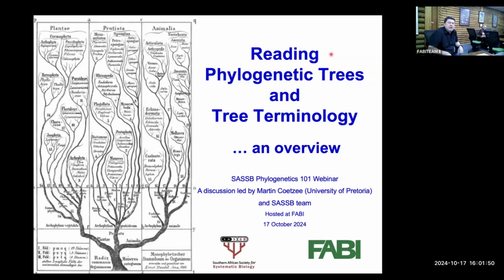So this session, as you've heard, is about reading phylogenetic trees and the terminology that we use in describing relationships and our interpretation of these trees. I thought that would be a good starting point, because even if you do not do phylogenetic analysis, most of you are reading papers with phylogenetic trees in them.